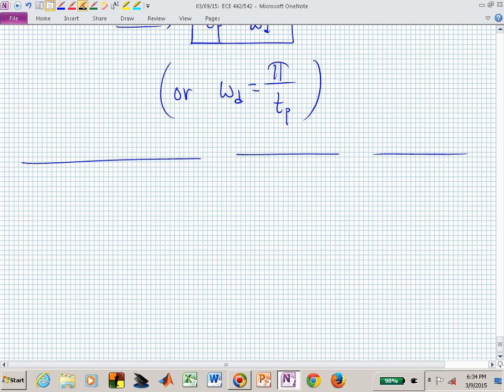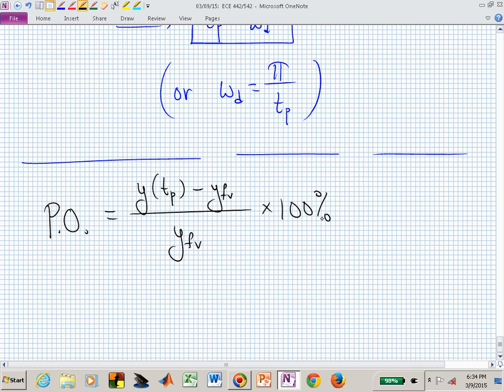Let's look at a different time domain property, PO. Post office, no. Percent overshoot, not post office box. This is now y of time to peak minus y final value over y final value times 100%. Can I let you in on a secret?